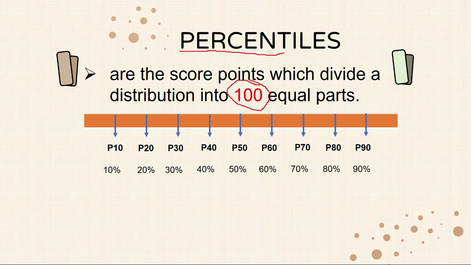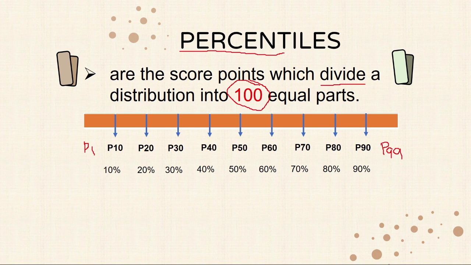Among the three measures, percentile is considered the most widely used in determining student standing in a class or examination. It can be denoted by P1 up to P99. But for this illustration, I only use P10, P20, P30 up to P90.